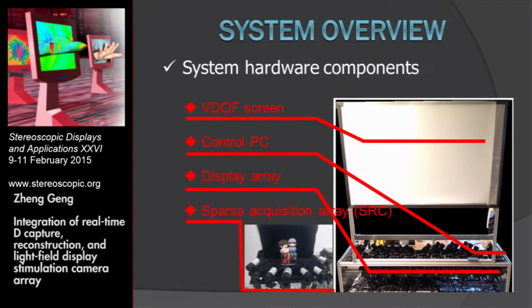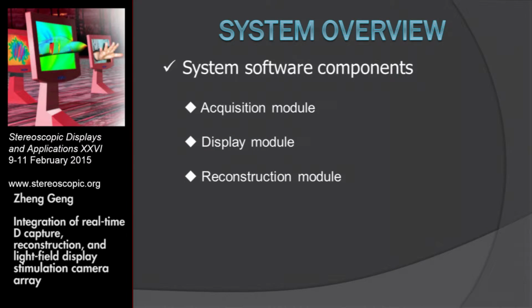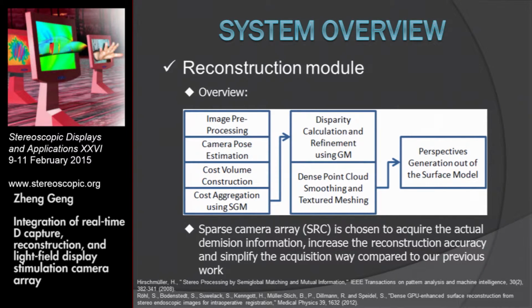And these are the hardware components. It consists of the VDOF screen, a control PC, a display array, and a sparse acquisition array. It shows six cameras. And here's how we get it. There are three software modules, and the first one is the acquisition module.